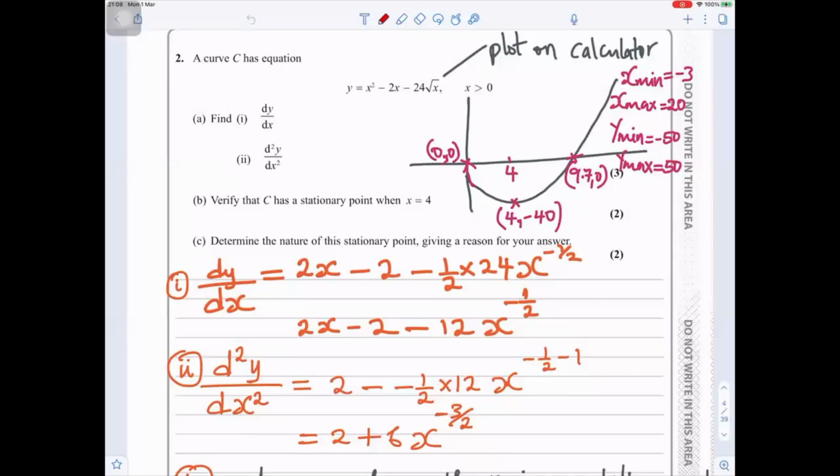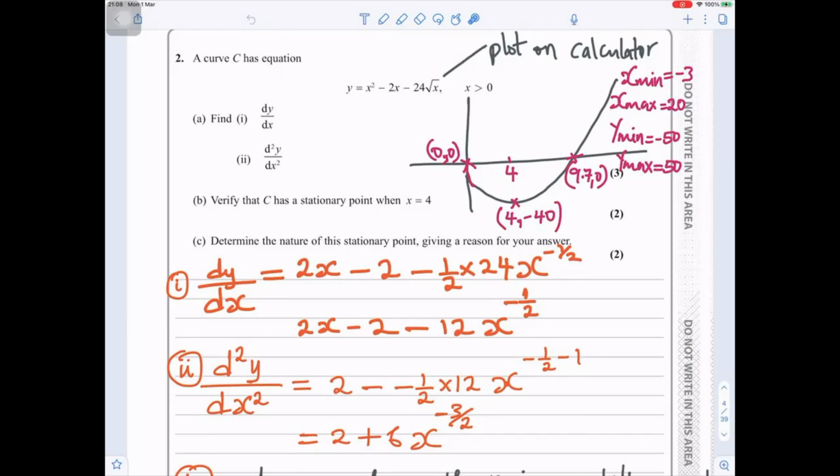Question number 2. A curve C has equation. Find dy over dx. Before you differentiate it, we are going to write square root of x as x to the half. So when you differentiate x squared, you get 2x.